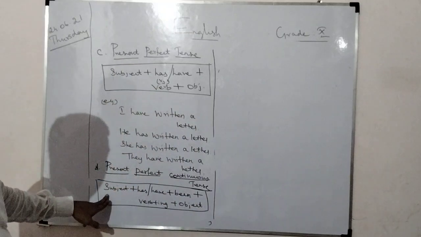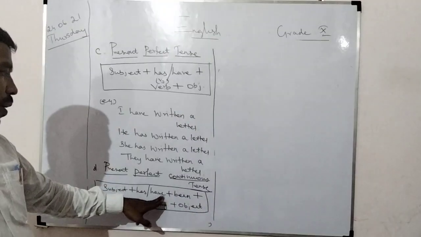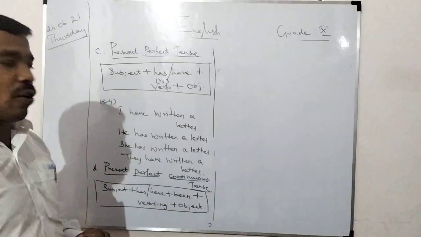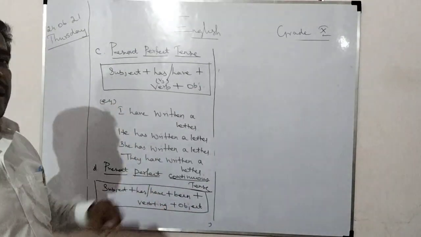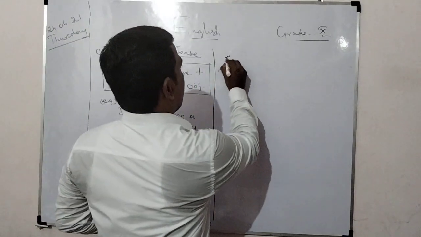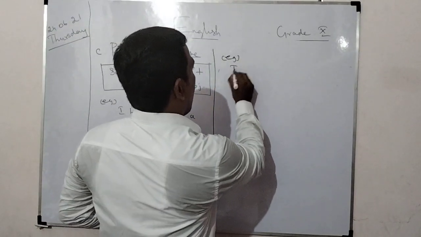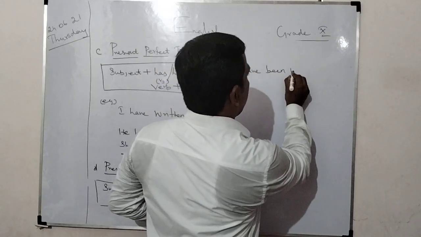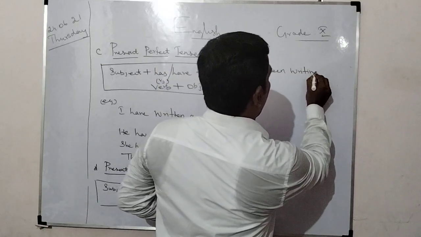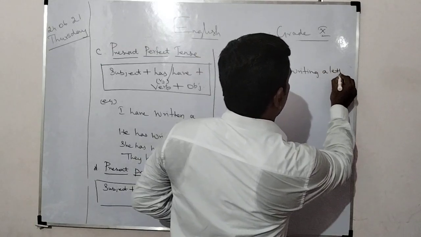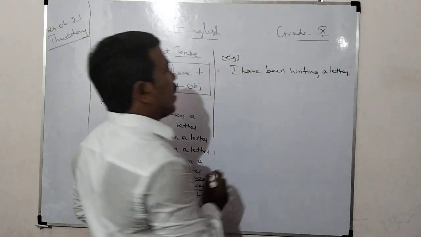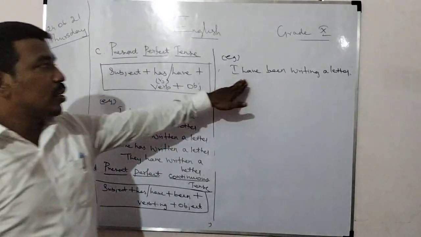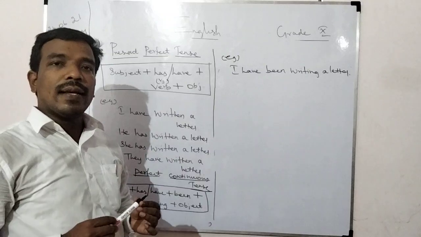This is the present perfect continuous tense. For example, I have been writing a letter. I is the first person singular, so I have been writing a letter.